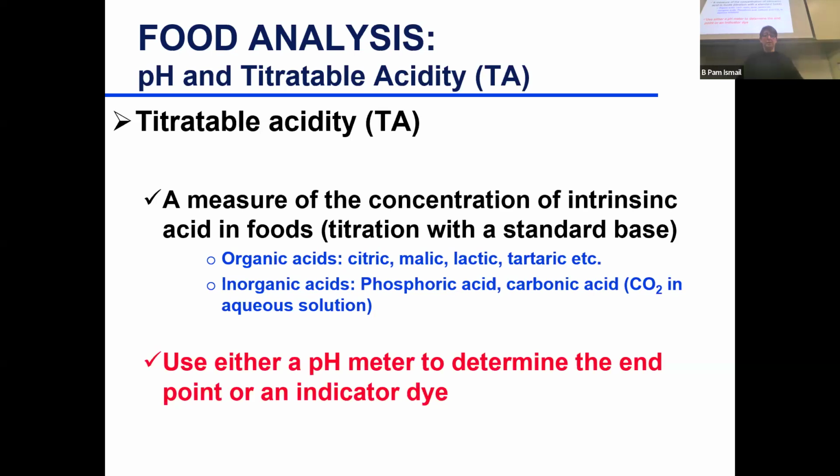So in order to determine the endpoint, we either use a pH meter like you did in the lab and stop titration when we reach pH 8.2, or we use an indicator and we stop titration when the color turns pink.